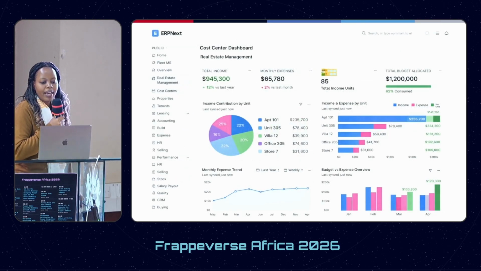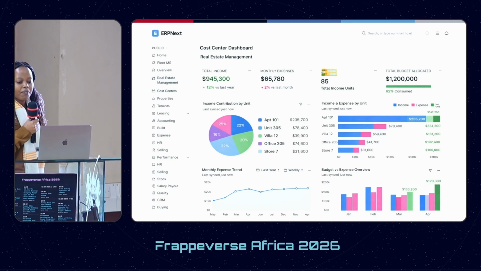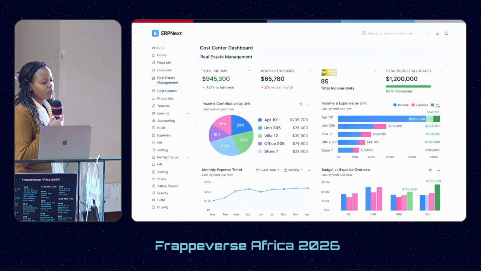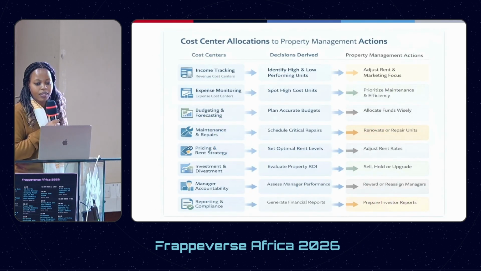Also, if we have the data in the system, we can create sample customized dashboards such as this, whereby we have our income and expense by unit, we have our cards for total income, monthly expenses, we have budget versus expenses overview. So dashboards like this are very insightful for managers in the property management business or real estate.